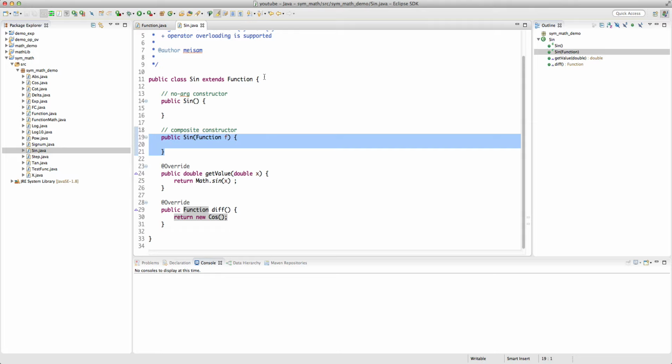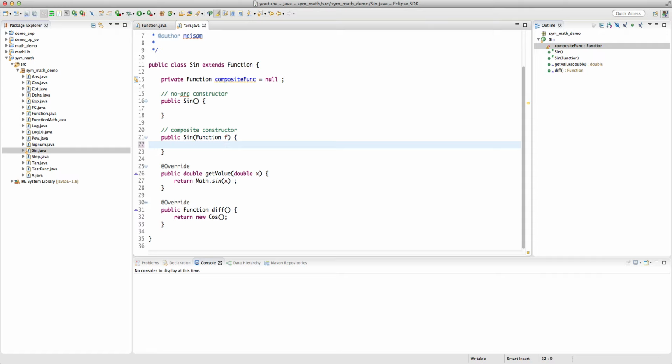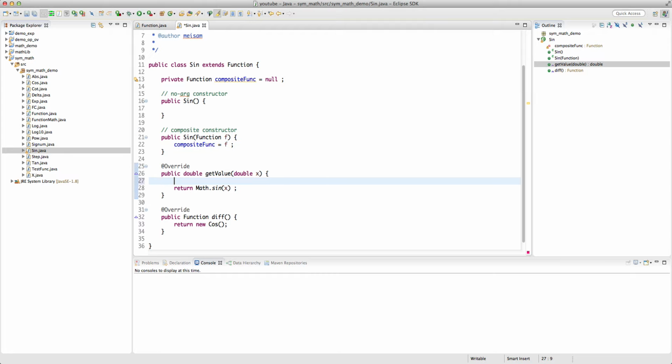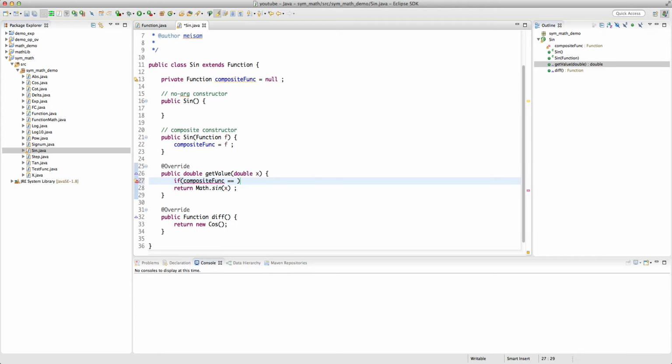So the way I'm going to do it is by defining a private function, composite func, okay? And it initializes to null. And then if this constructor is invoked, I make the composite func equal to f. And then in the getValue method, I check if the composite func equals null. If it's null, it means the no arg constructor was invoked.